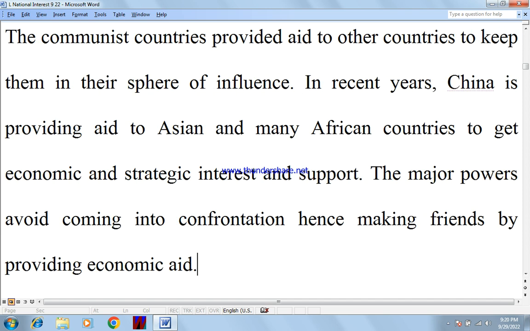The communist countries provided aid to other countries to keep them in their sphere of influence. In recent years, China is providing aid to Asian and many African countries to get economic and strategic interest and support. The major powers avoid coming into confrontation, hence making friends by providing economic aid.